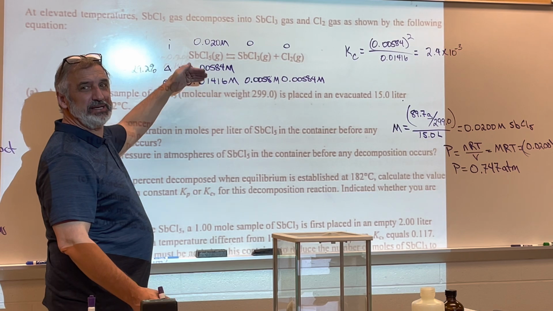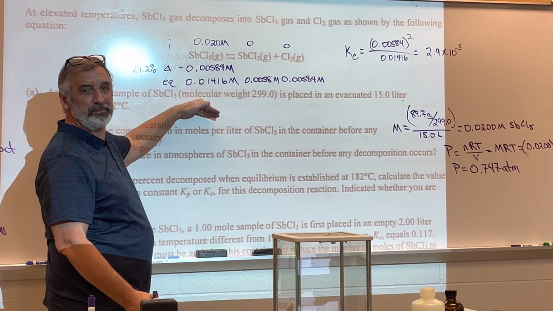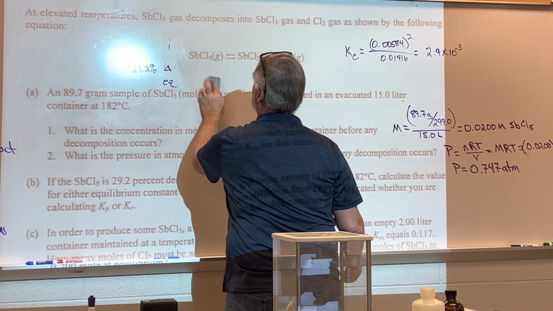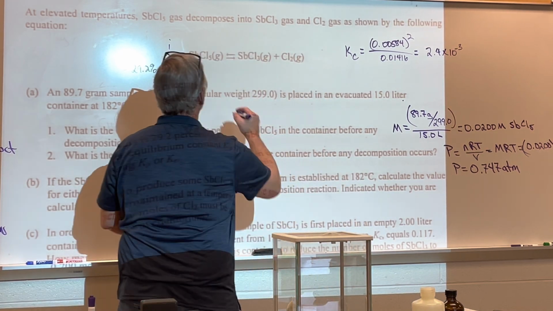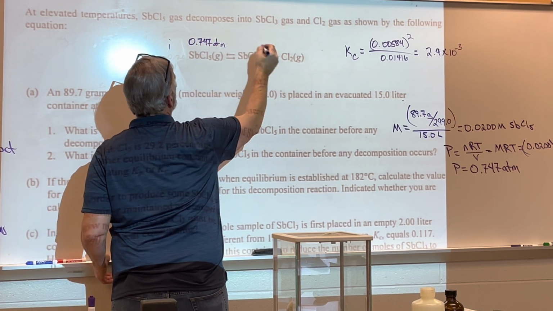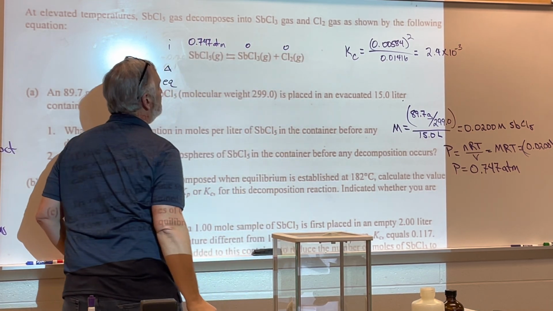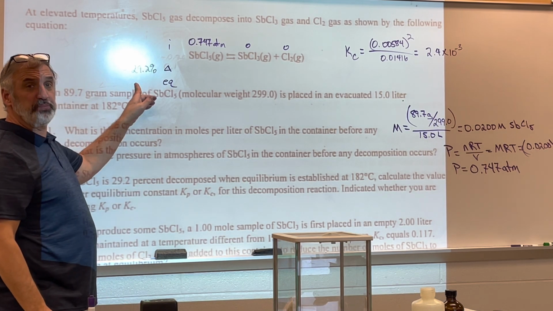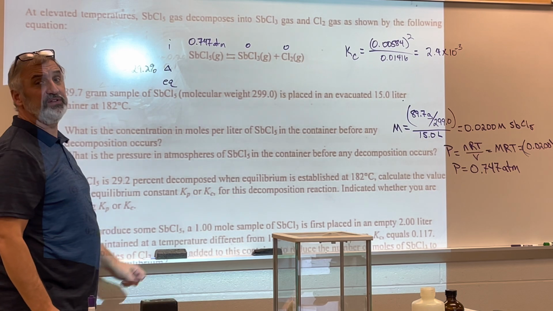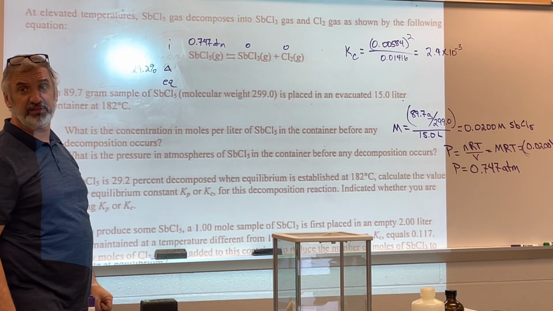I'm going to erase this and do the same ICE table right here, but in terms of pressure. Okay, so now my initial pressure is 0.747 atmospheres, 0 and 0. But again, 29.2% is going to react, so I'm going to take 29.2% of the 0.747.